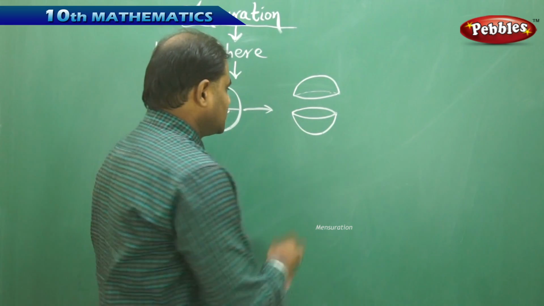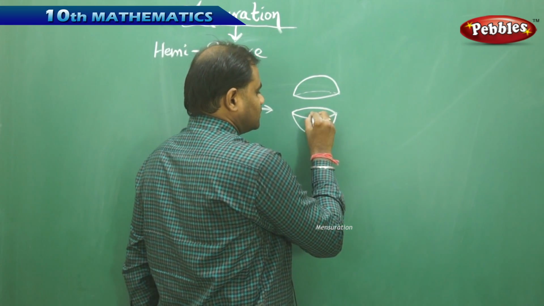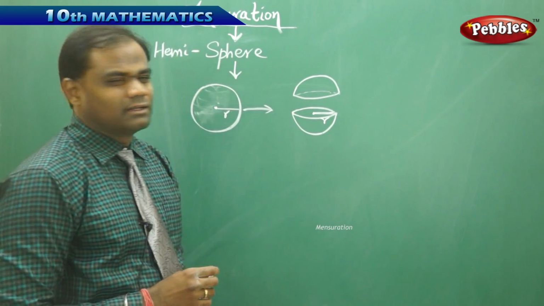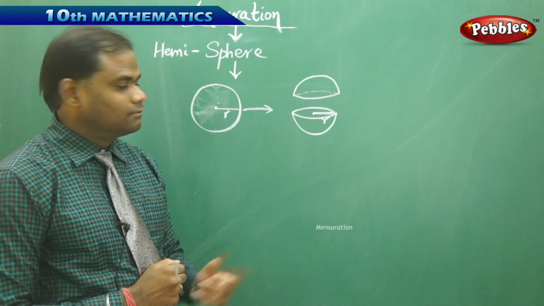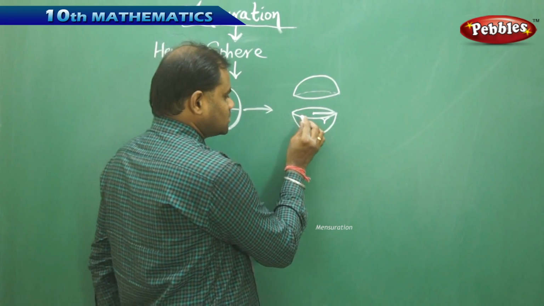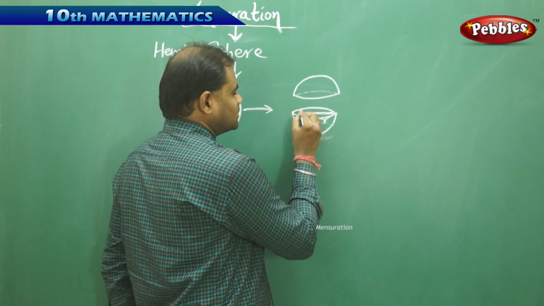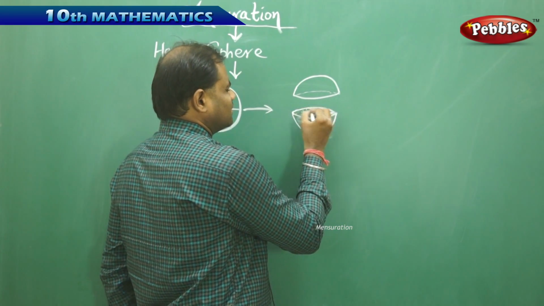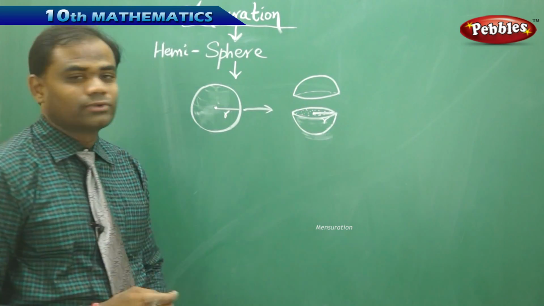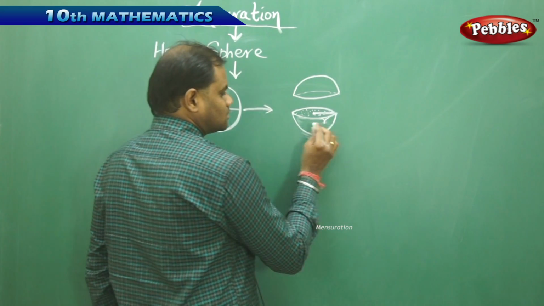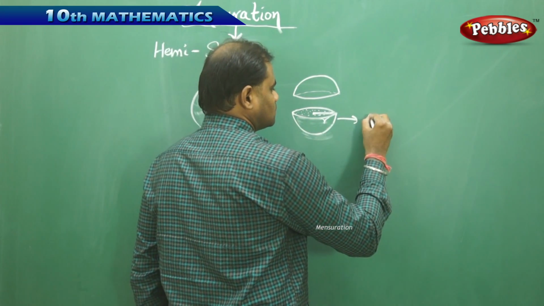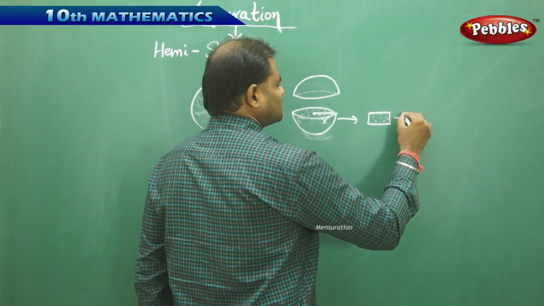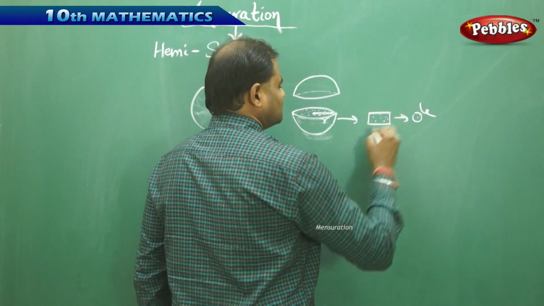Now in this, I see that the radius is r, and then we have two regions here. One is the curved surface, and the other region is a circle.